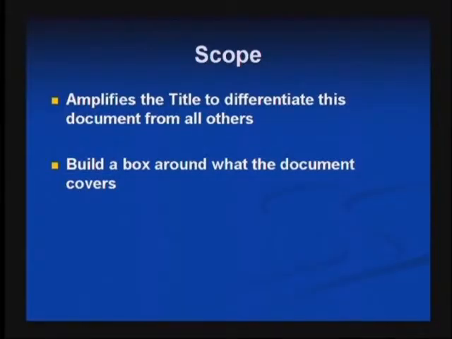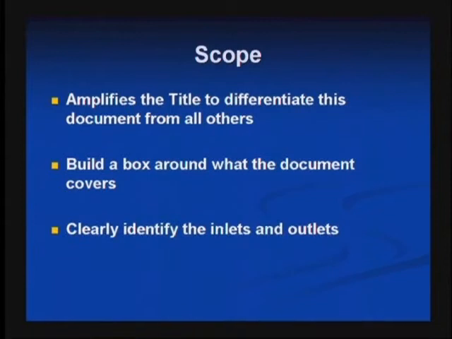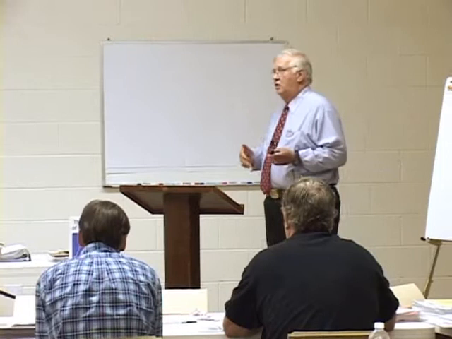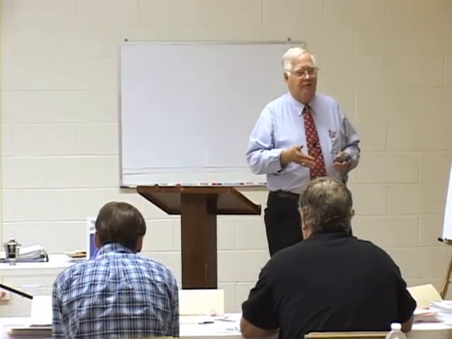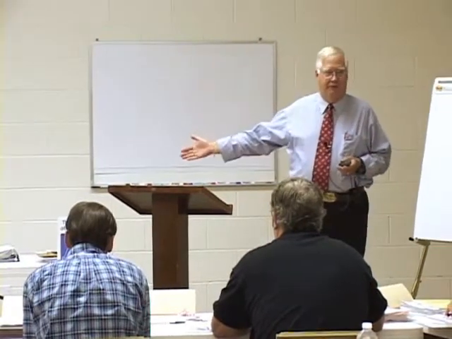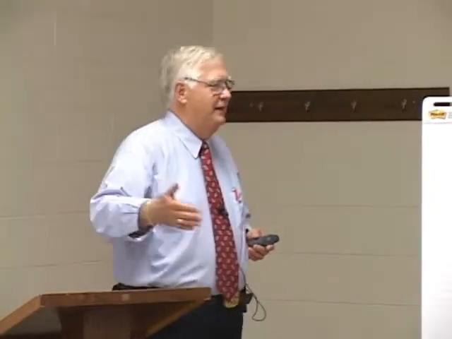So you build a box around it, and you identify inlets and outlets, and they may be numerous because it may include service lines, plate heat exchanger. So you want to identify where the breakpoints are. You don't want the standard for a plate heat exchanger for the heating section to go all the way back to the boiler. You don't want to have to include all that stuff, so it breaks at the fittings.